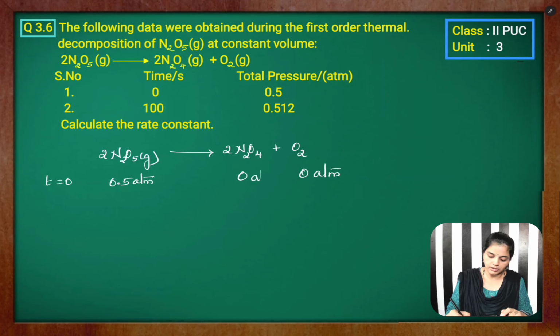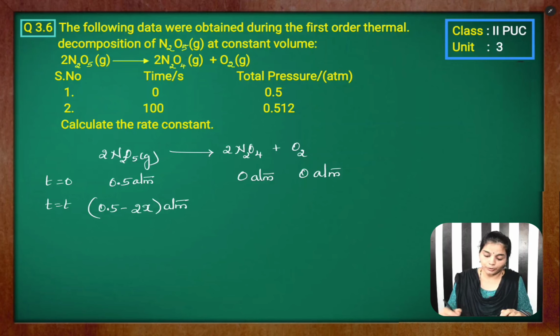Now at a time t, let me consider the pressure of the reactant N2O5 decreases by X. Since 2 moles of reactant are reacting, I write 0.5 atmosphere minus 2X. The pressure of oxygen at time t will be X atmosphere, and for N2O4 it is 2X atmosphere.